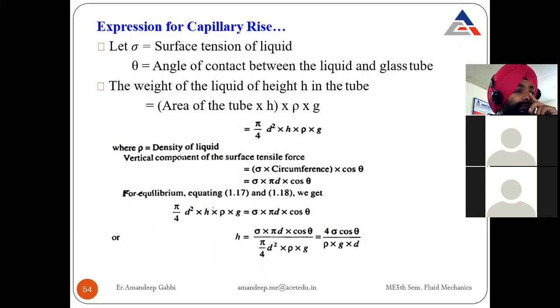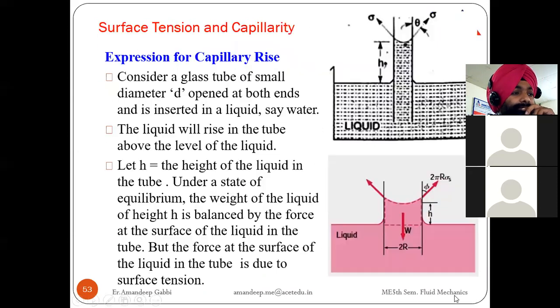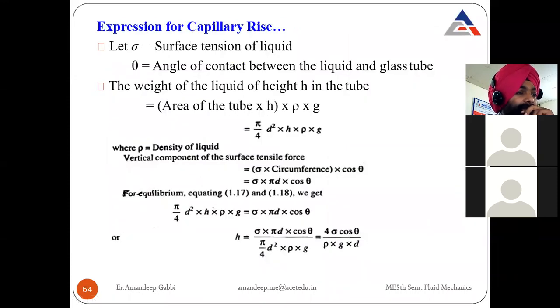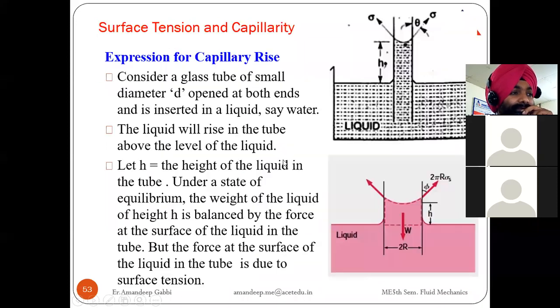The tube has twice r as its diameter, so the area is pi r square, which is pi by 4 d square, into h. h is the height up to which the liquid has risen, rho is its density, and g is gravity. This is the weight of the liquid above the surface, right?